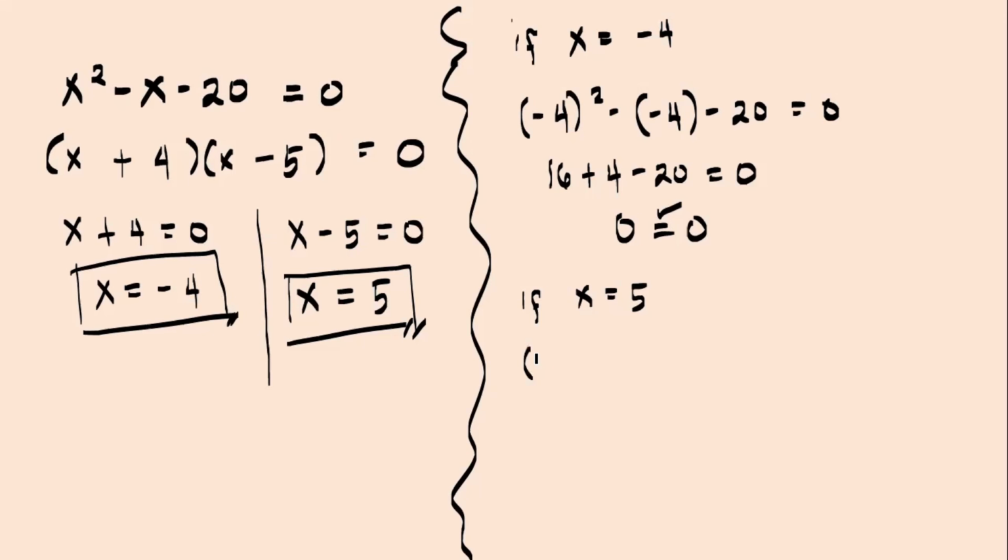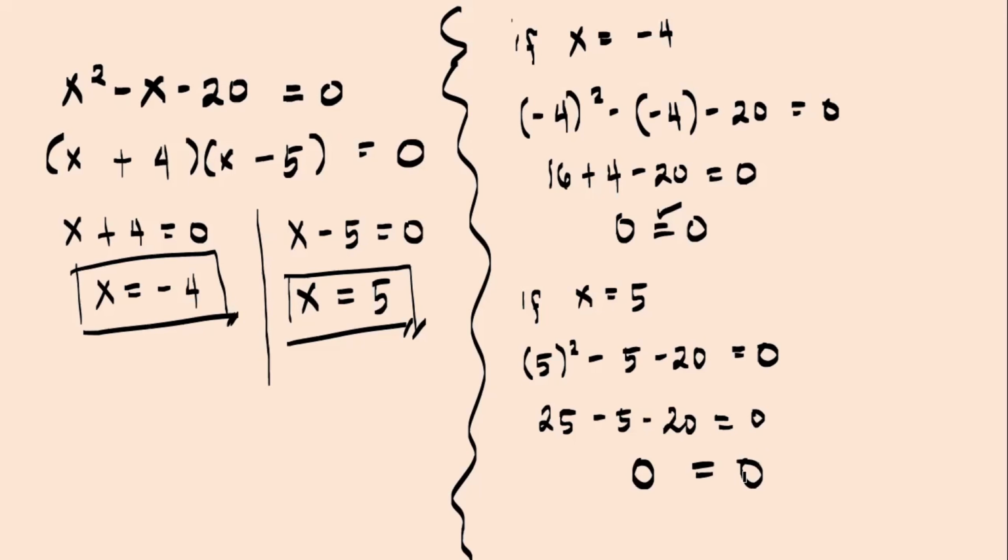So that is 5 squared minus 5 minus 20 is equal to 0. 5 squared is 25 minus 5 minus 20 is equal to 0. 25 minus 5 is 20 minus 20, that is 0, is equal to 0. So nag-satisfy ulit. Ibig sabihin, again, the roots or the solutions of x squared minus x minus 20 are negative 4 and positive 5.